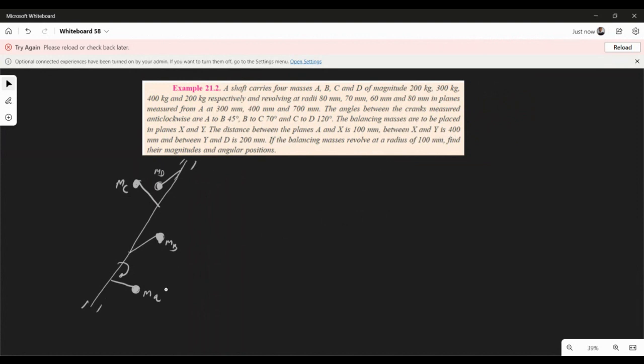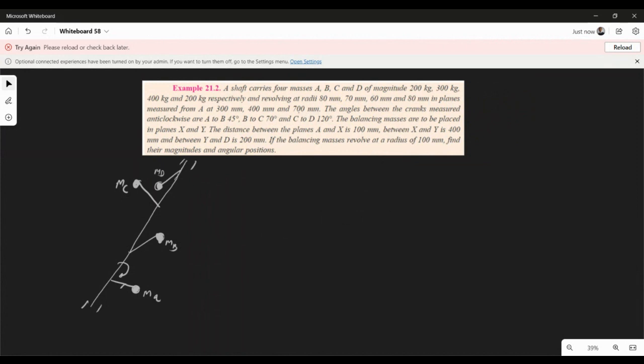So what they do say here, they give us the radiuses as well. So I'll write that again. They say that the distance between planes A and B is 300, measured from A, so 400 and 700.